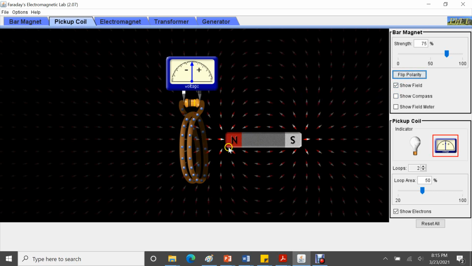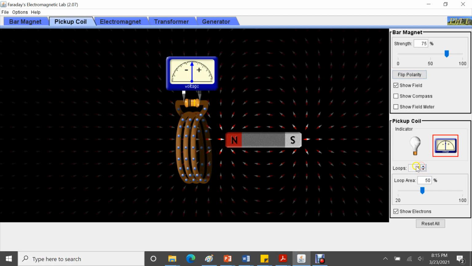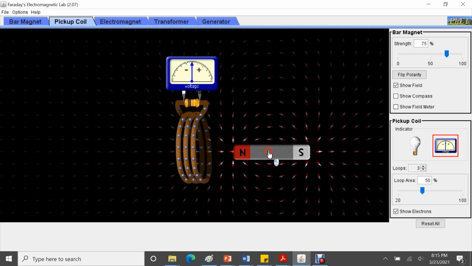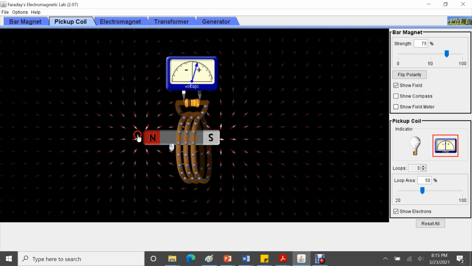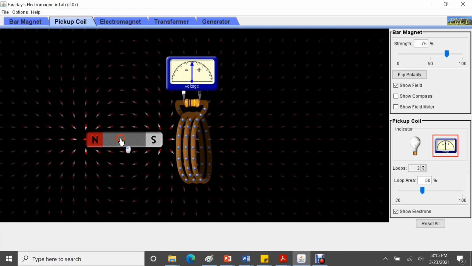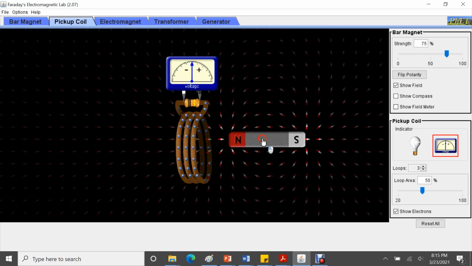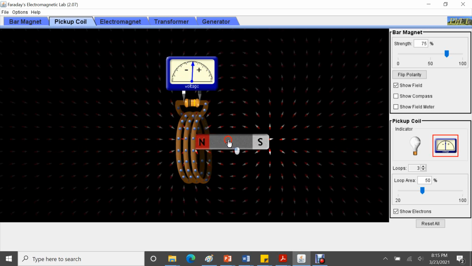So this is what we were looking at in the previous thing, on the slide. By way of taking the north pole and bringing it over on this side, let me see. All right, so it's not completely showing what I want.